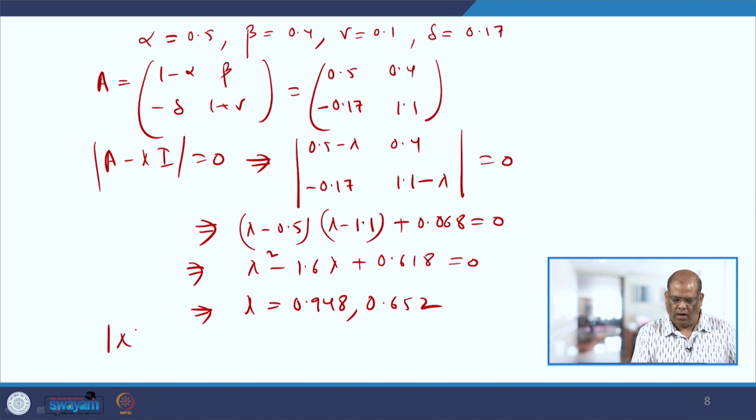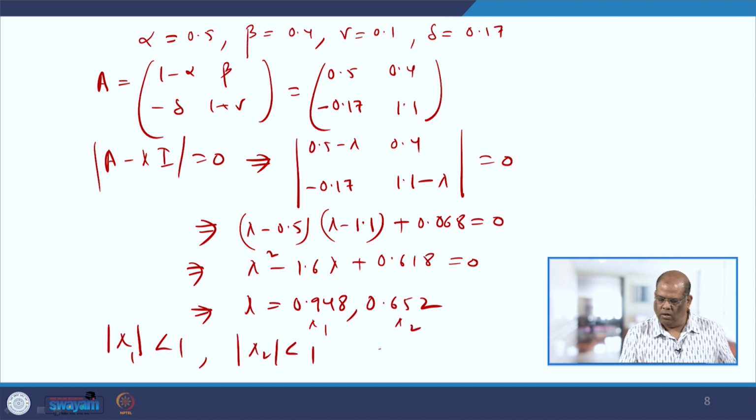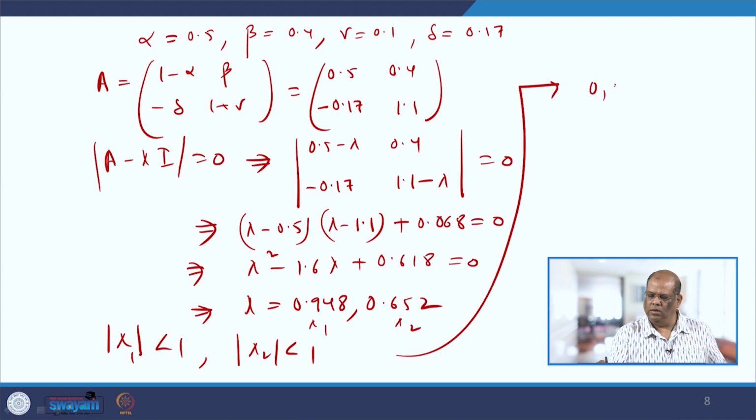So, as you can see, if one root is lambda 1 and another root is lambda 2, the modulus of both is less than 1. So, this implies 0, 0 is a stable equilibrium point.